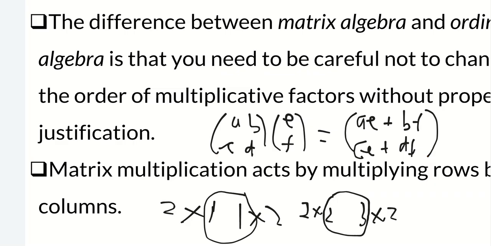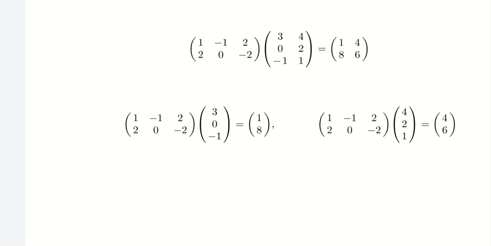Now, this is the example where we have the rows acting on the columns. If you look at it, this is 3 by 2, right? No, I made a mistake. It's supposed to be 2 by 3.